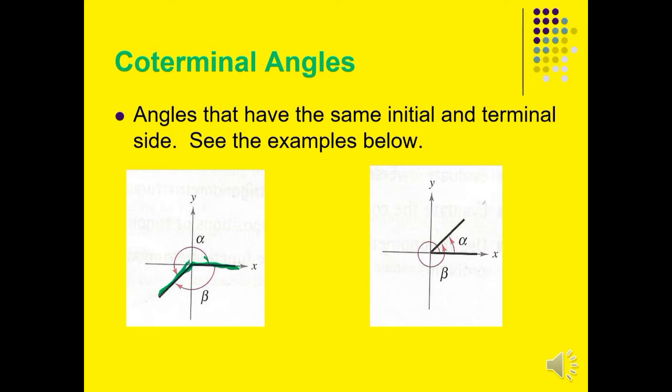The initial side always starts with the right side of the x-axis. Take note of that. The right side of the x-axis is our initial side. Then it ends with the terminal side, the side that can be formed connecting to the initial side.